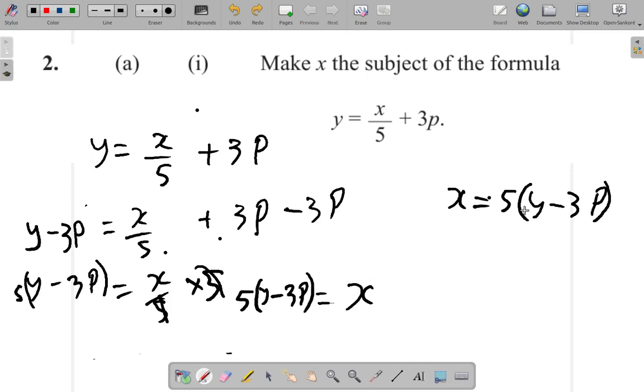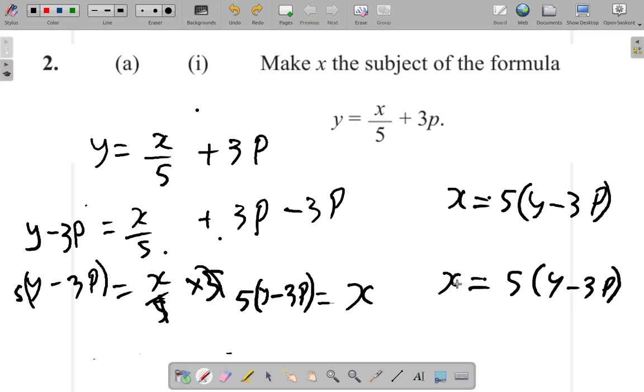It's the same thing, right? It's just that I want to switch over and have the x on the left equals and the 5 times y minus 3p on the right. I could have had it as 5 times y minus 3p equals x, that would be correct. But we're accustomed to writing left to right.